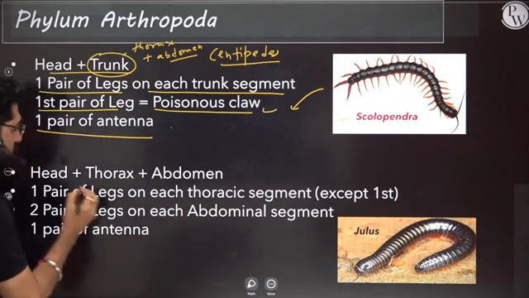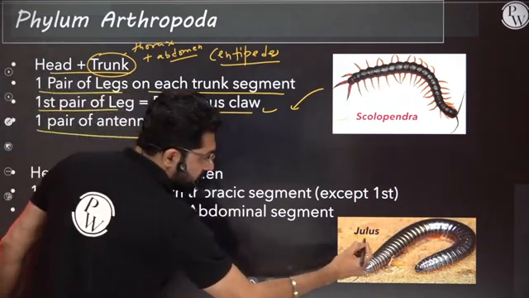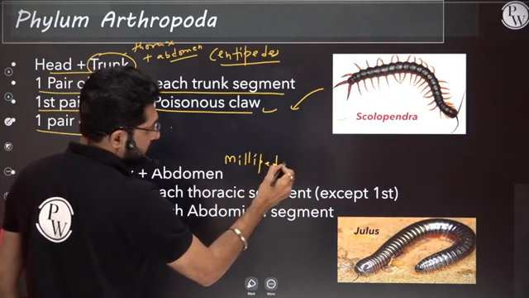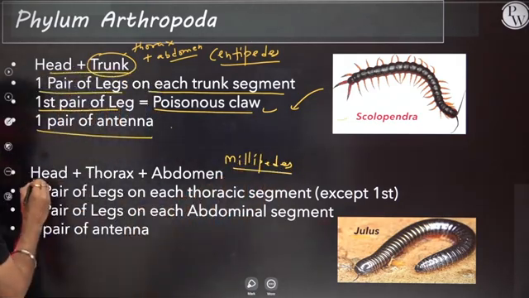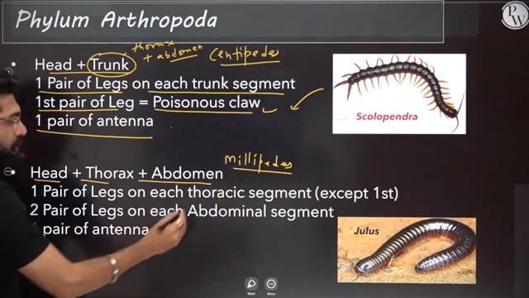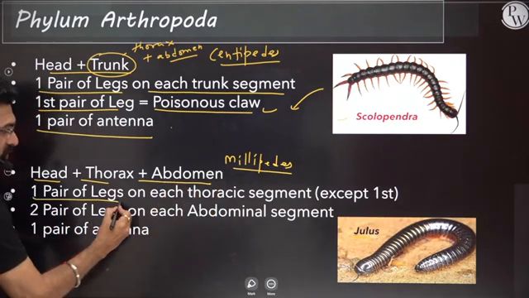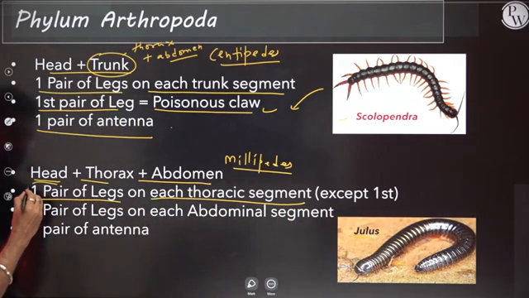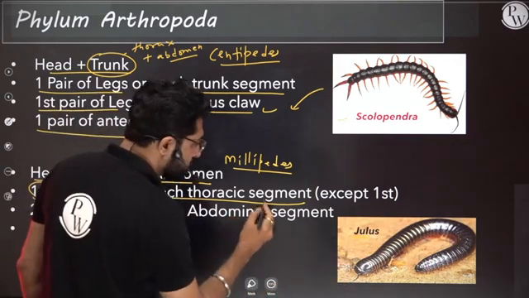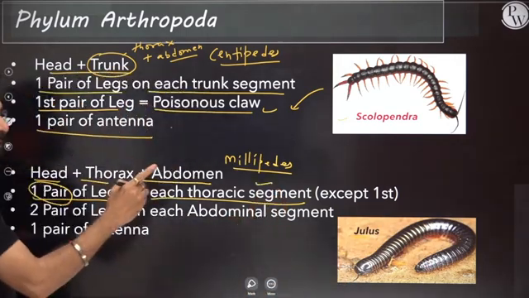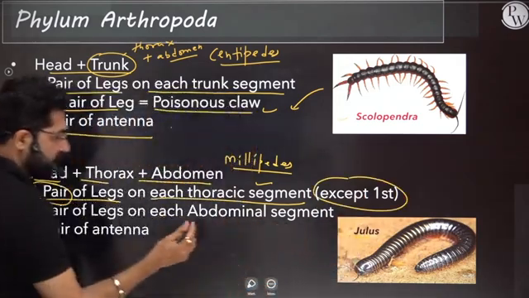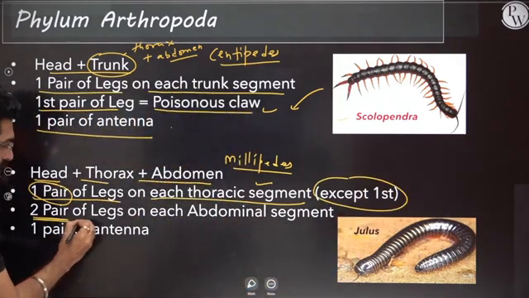Next comes Julus. Julus is the millipede, and millipedes are characterized by head, thorax and abdomen. They have one pair of legs on each thoracic segment, except the first one, which doesn't have any. Each abdominal segment has two pairs of legs.